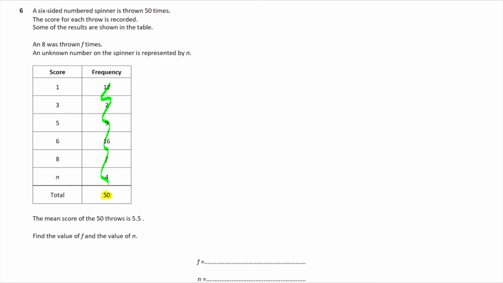Okay, so given that 12 plus 2 plus 9 plus 16 plus f plus 4 is equal to 50, then those numbers added up, 12 plus 2 plus 9 plus 16 plus 4, that adds up to 43. So f plus 43 is equal to 50, and therefore f is going to be 7, isn't it? So that's 7 in there.